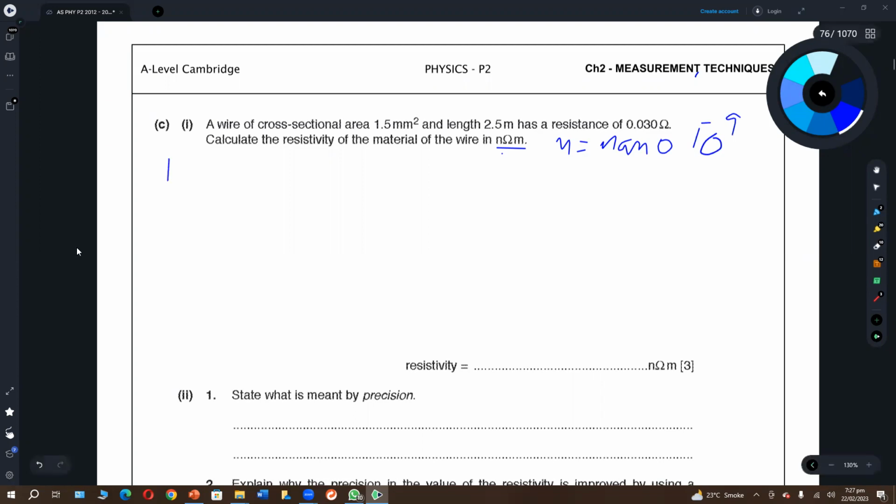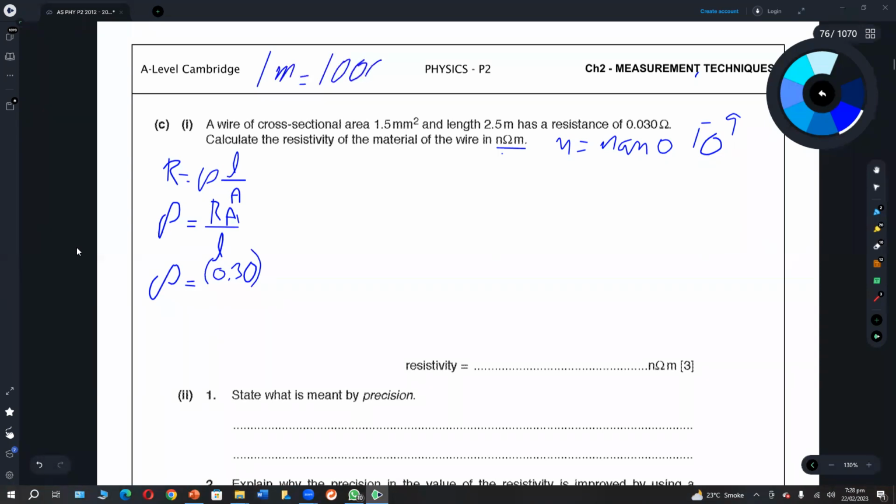We can say that R is equal to rho L upon A. He's playing with units actually. So if you make rho the subject, it is R A upon L. Now, what is the resistance? Resistance is fine, I don't need any change. But what about area? 1.5 millimeter square. You know, 1 meter is equal to 1000 millimeter, and there is a square on it. 1000 means 10 to the power 3.